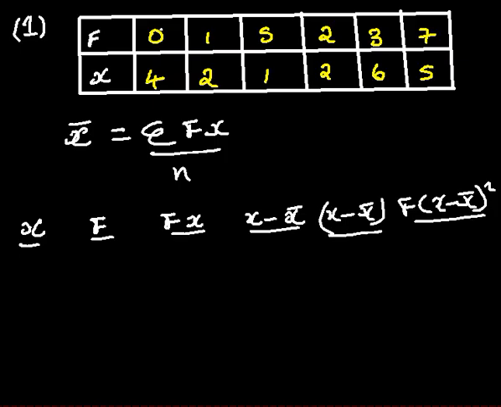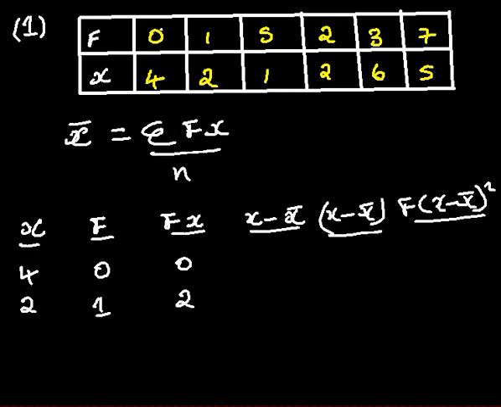So in this case, we have the x value, which is 4, and what is the frequency? 0. What is fx? That is 0. And we also have 2. What is the frequency for 2? We have it as 1. And what is 1 times 2? That is the same as 2.